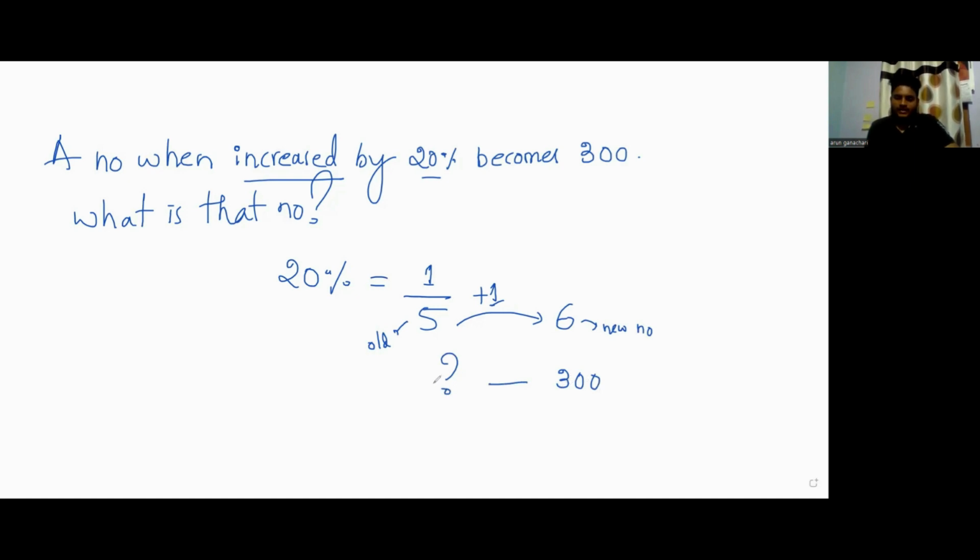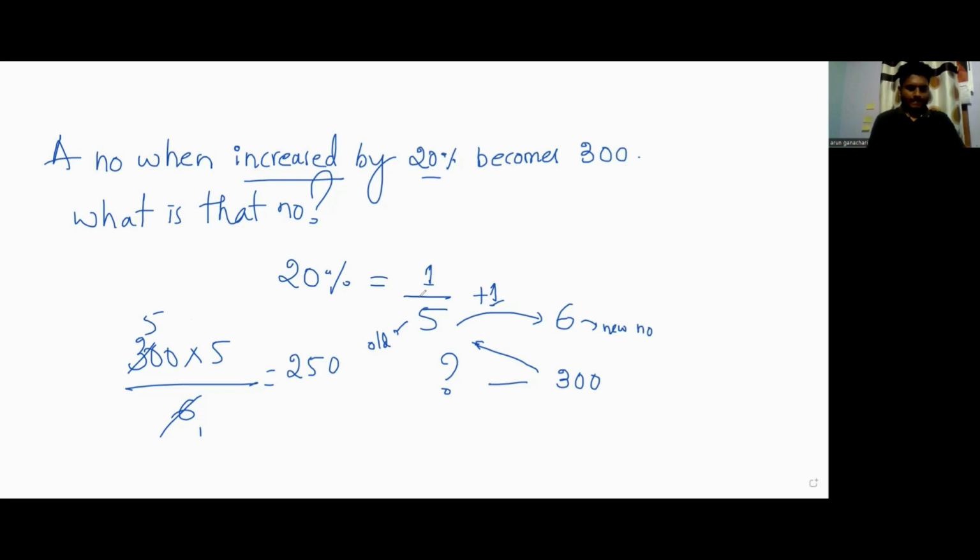Can you do this? Cross multiply. From here, you should just cross multiply. How will you cross multiply? 300 into 5 divided by 6. 6 ones are 6, 6 fives are 30, 30 minus... 250. Understood what we did here? Yes, sir. We carried out a very simple operation.